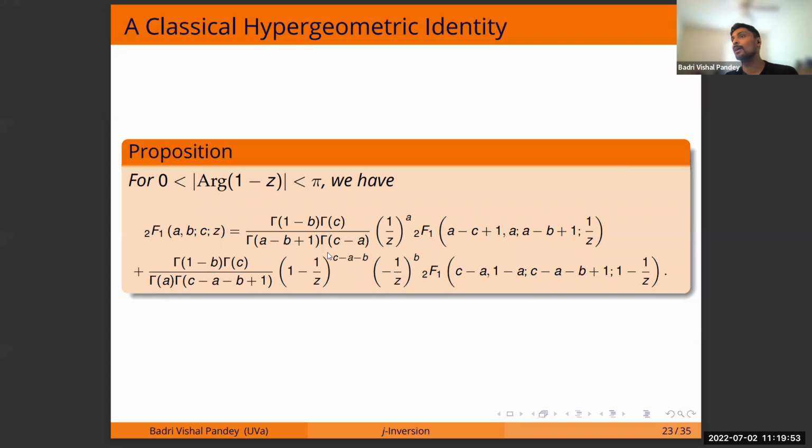You can think of this as z goes to infinity: 2F1 evaluated at z can be written as a linear combination of hypergeometric functions evaluated at 1 upon z and 1 minus 1 upon z. When z goes to infinity, this goes to 0 and this goes to 1. So you can think of this as a way to send the point infinity to the points 0 and 1, or a linear combination of those. And we are going to use this.